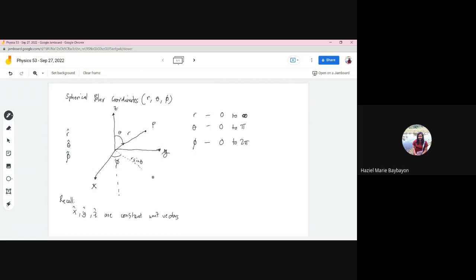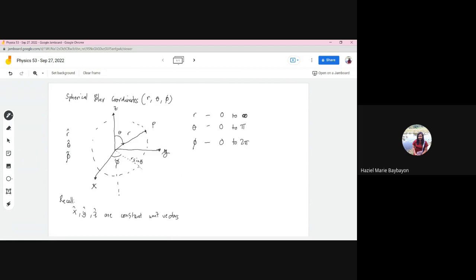For example, you can actually make a spherical surface out of this. That is why it is called spherical polar coordinates, because you can make a sphere of radius r.